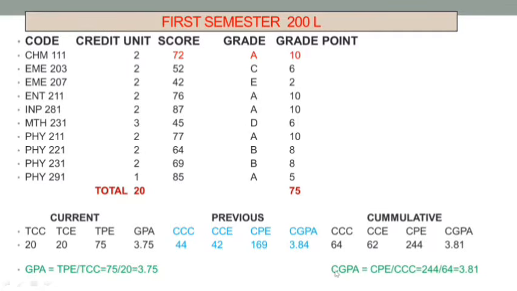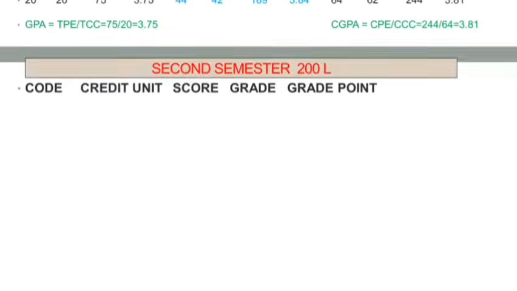So our CGPA is what? 244 divided by 64. So the candidate now is on 3.81. Previously, he was on 3.84. Now he's on 3.81. So he dropped by 0.03. Although he's still on the higher side. Let's look at other one.